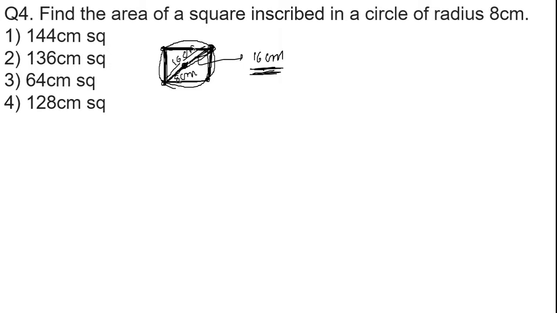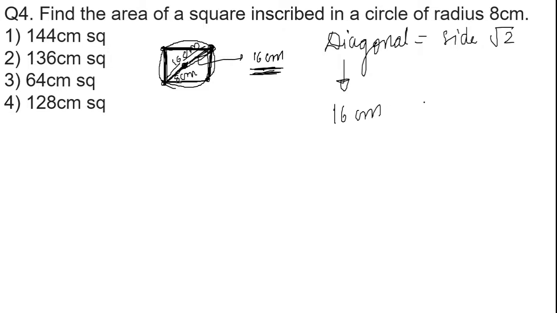Now we know the formula for diagonal of a square. In the previous question also we have understood it, that side under root of 2 is the formula for the diagonal. Now we know the diagonal's dimension, that is equal to 16 centimeter. This will give us side. For example, let us consider the side as a centimeter.